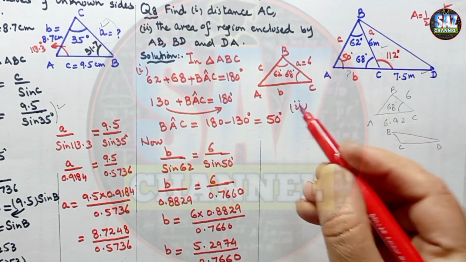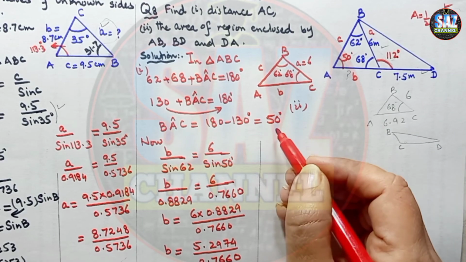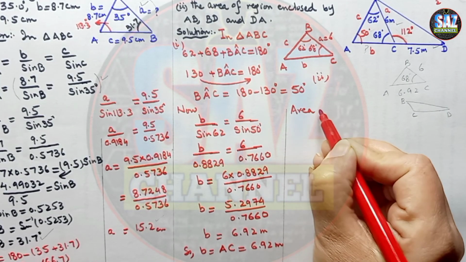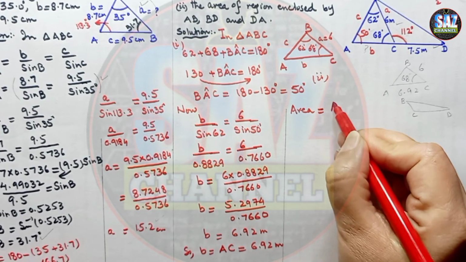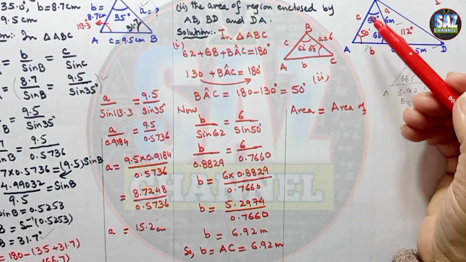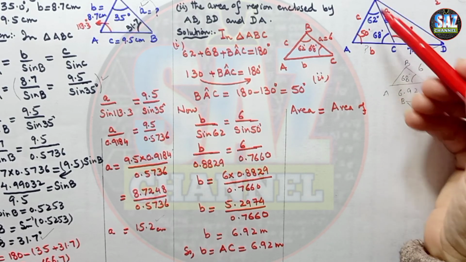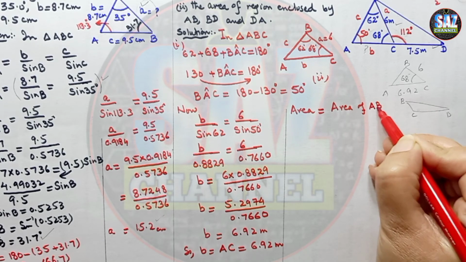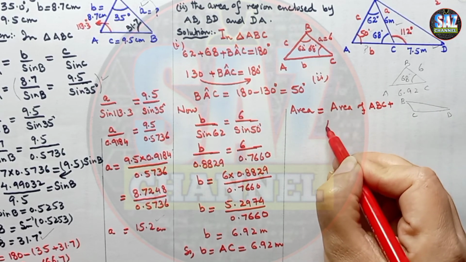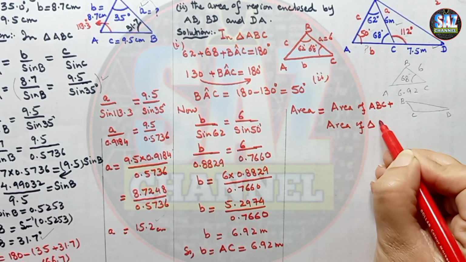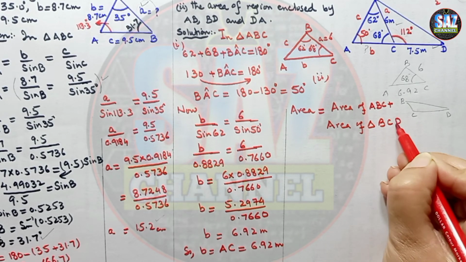And now the area of the region equals the area of triangle ABC plus the area of triangle BCD.